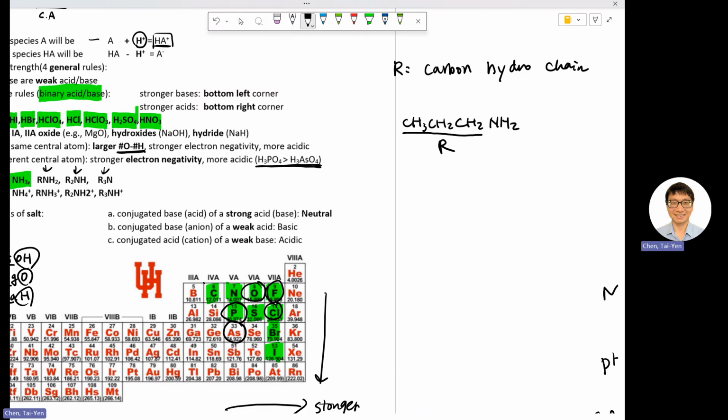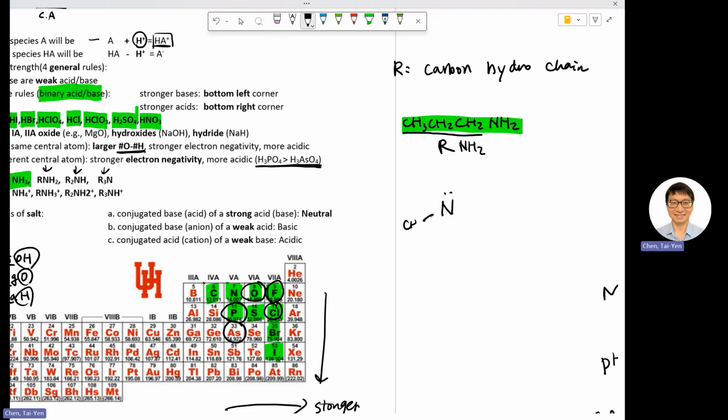Every time you see this equation, what I want you to translate is that this is going to equal your RNH2. So structure-wise, what it means is this. You have a center atom, nitrogen.